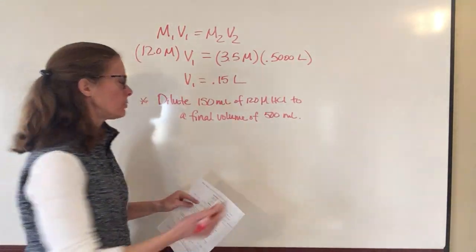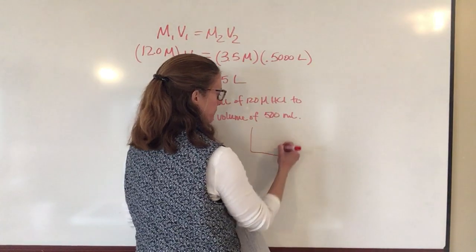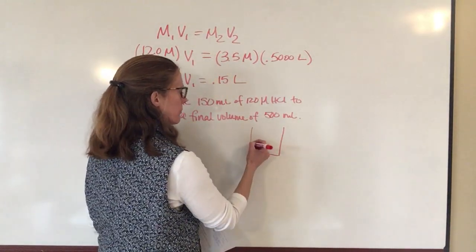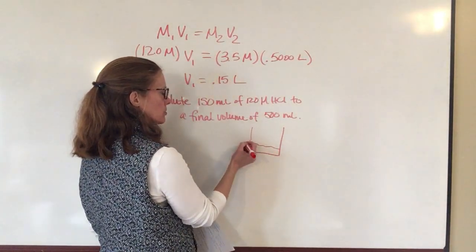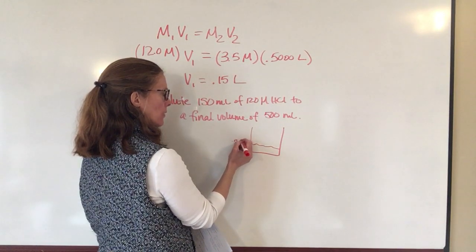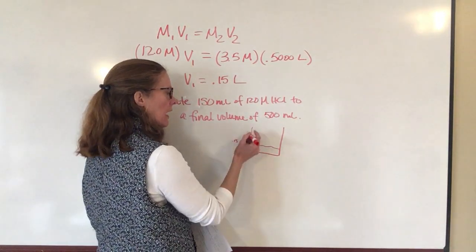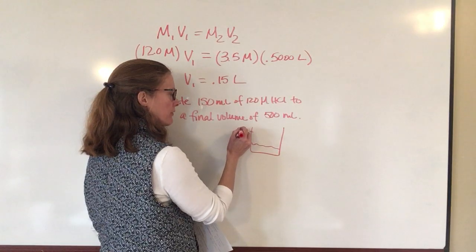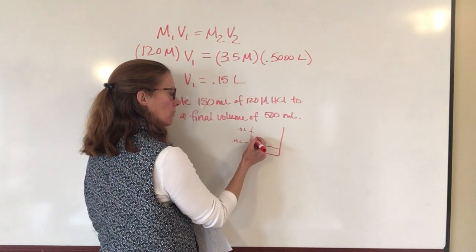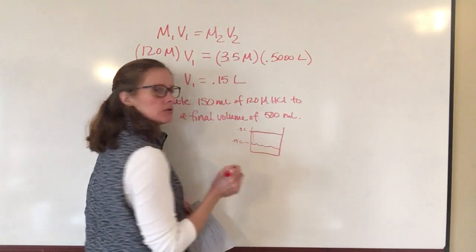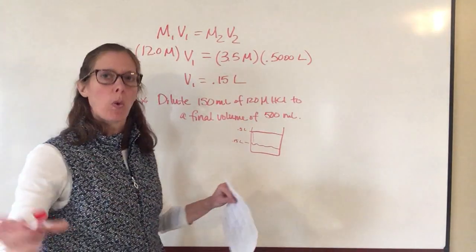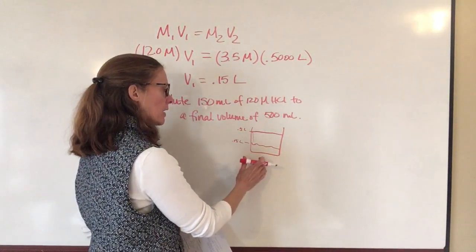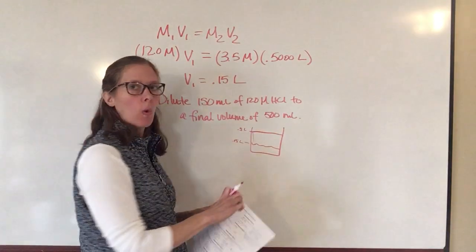So what you would have is a container. You would measure out 0.15 liters, and then you would say, here's my 0.5 liter mark, and you add water up until you get to that point. You don't measure the water and then dump them together. You put the acid in the bottom, and then you add water to it.